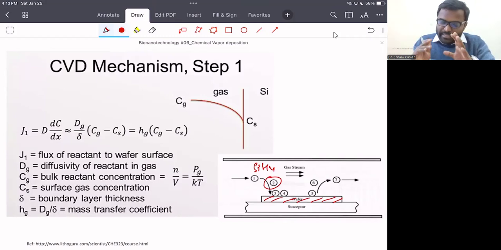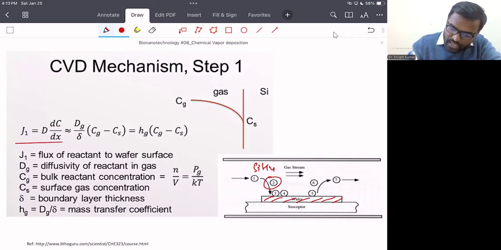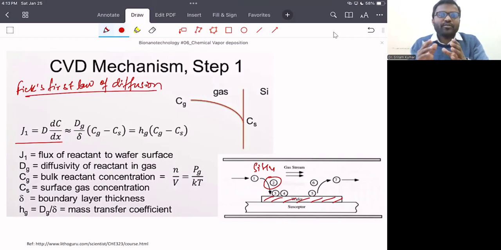We can explain the flux coming towards the surface using Fick's first law of diffusion. So using Fick's first law of diffusion, we can explain what is happening on the surface.